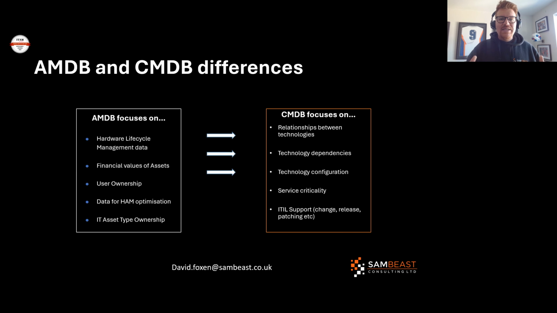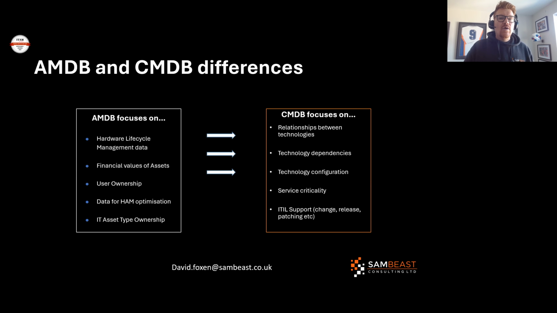There are key bits of information that work for both, and then there's information that needs to be kept separate for the asset and the CI. So make sure you map that out, document it, communicate that out to everyone that needs to be communicated to, so that you're clear on what the CI and the CMDB is for your organization and what the asset and the AMDB is for your ITAM function and what the ITAM team will be managing. You may be in a role where you're actually IT asset management and configuration management, and therefore you care about both.